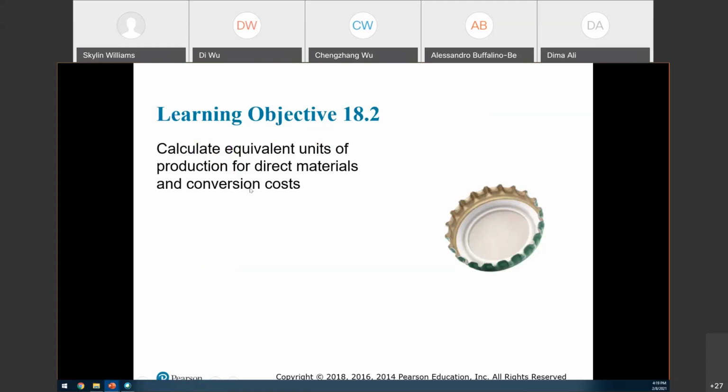Well, next, let's get to know what is equivalent units of production, which is a crucial concept that you have to understand in order to make the production cost report for each process.